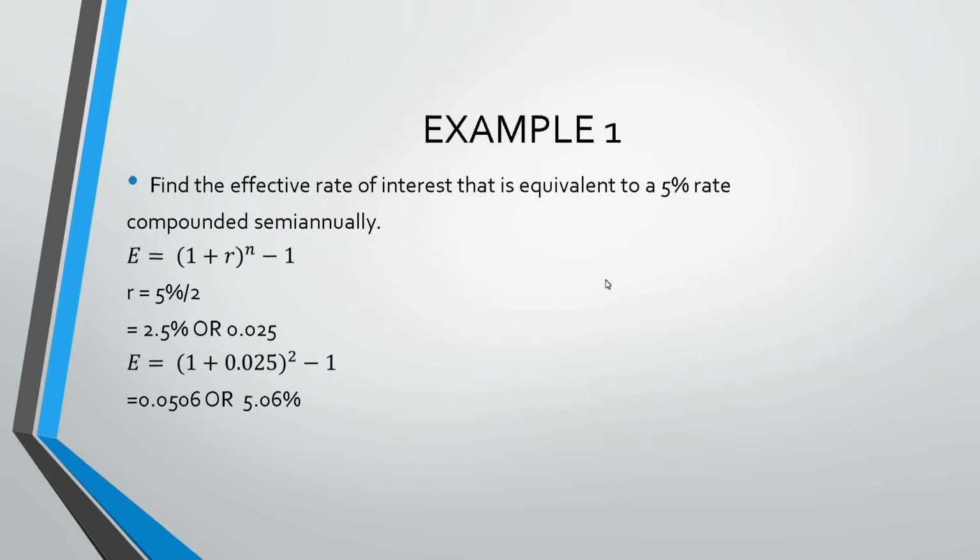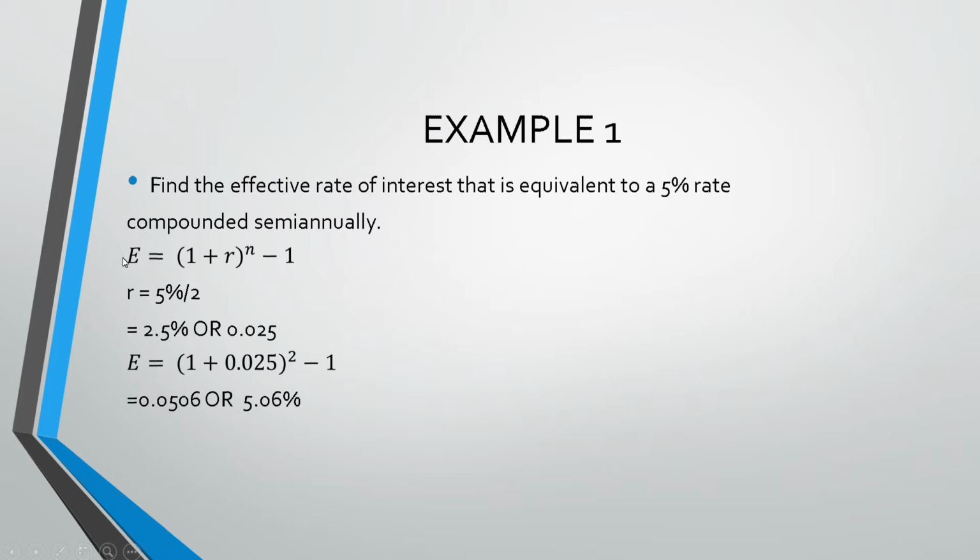Let's have an example. So I have here example number 1. Find the effective rate of interest that is equivalent to a 5% rate compounded semi-annually. When we say compounded semi-annually, it is 2. So let's solve this.